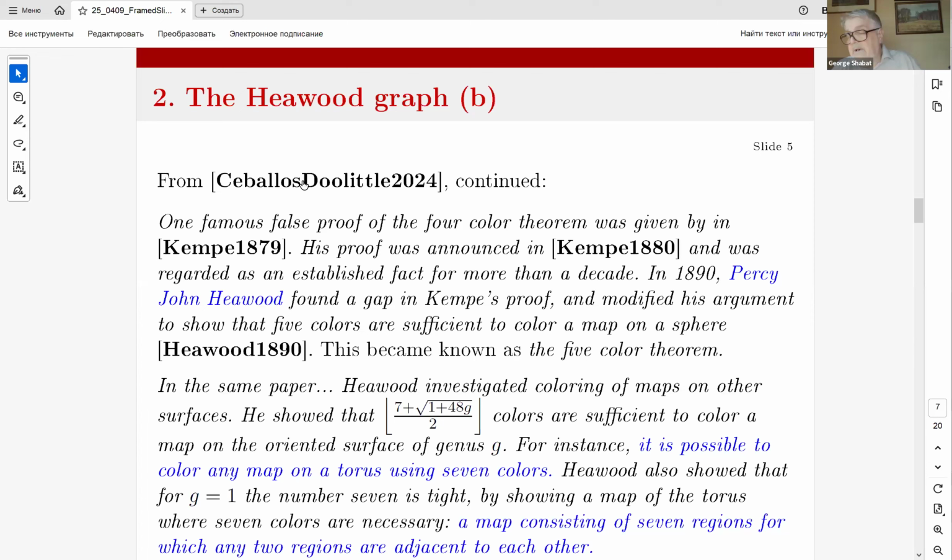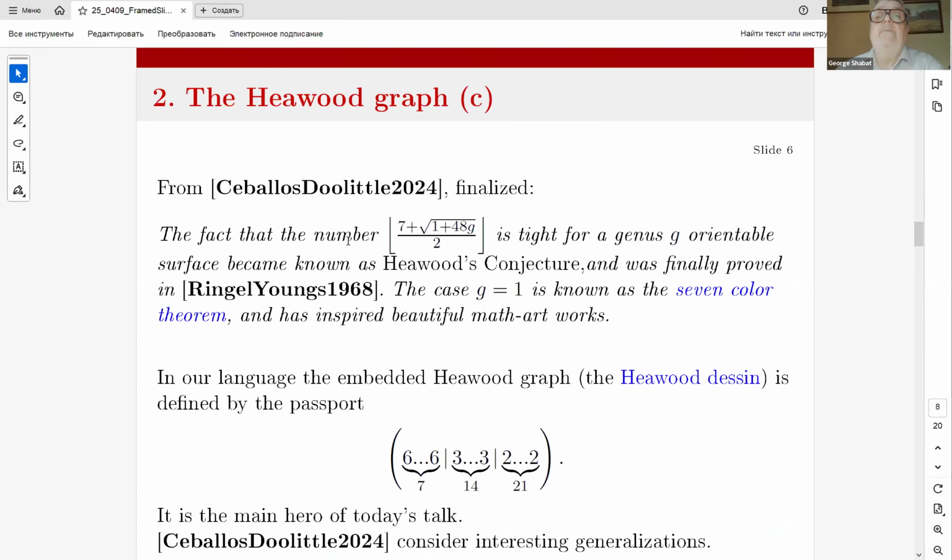Though they do not consider it from the point of view of dessins d'enfants, I'm sure that these generalizations they consider are interesting and important for our theory. So perhaps the history stops here, and there is just the mention about the 7-color theorem again.